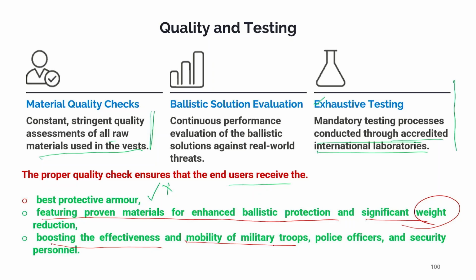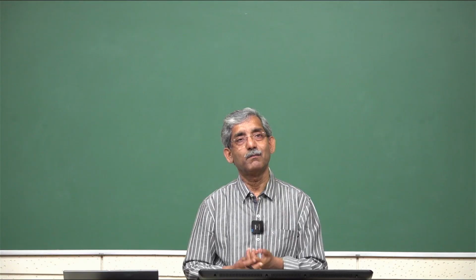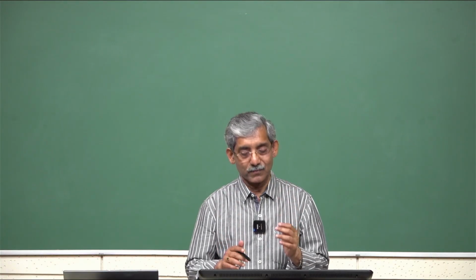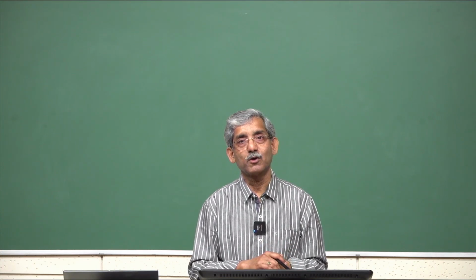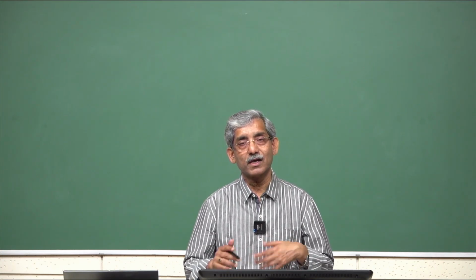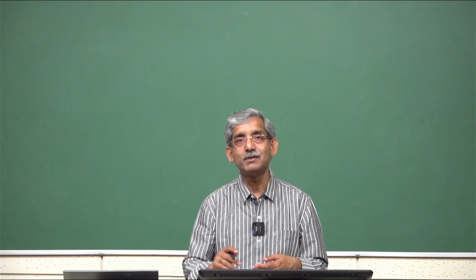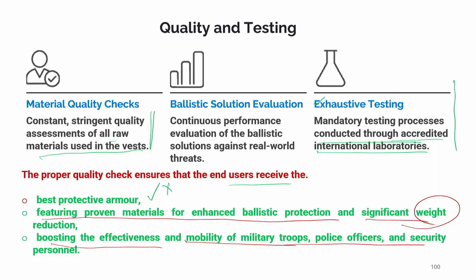So, military troops, police officers and security personnel. So, all this quality checking should be there. It should not be too heavy. So, everything should be checked thoroughly, so that we can provide the best protection to our military troops, police officers, security personnel. So, they should be maximally protected.